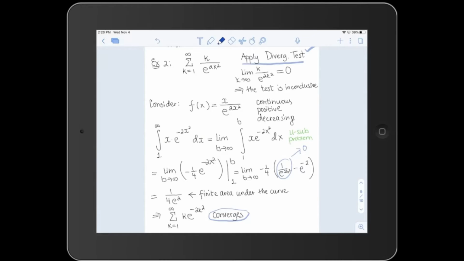The only thing we need to make sure is satisfied is these 3 conditions, and most of the time they will be. Just about all the time, we'll have positive functions, continuous, and then decreasing. Check that, set up your integral, evaluate it carefully, come up with a conclusion.